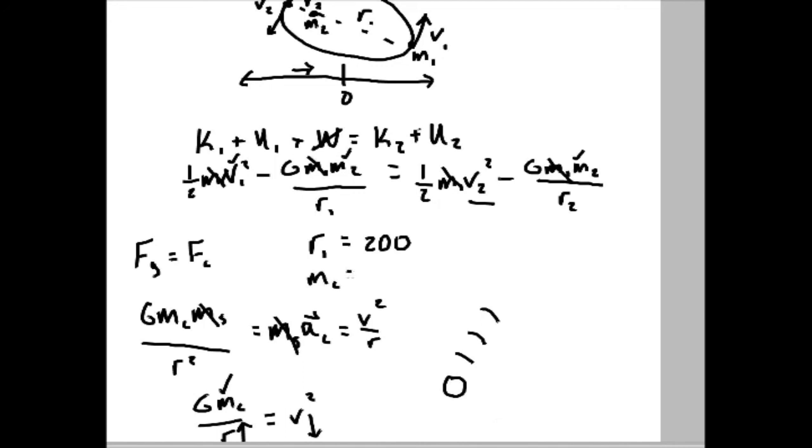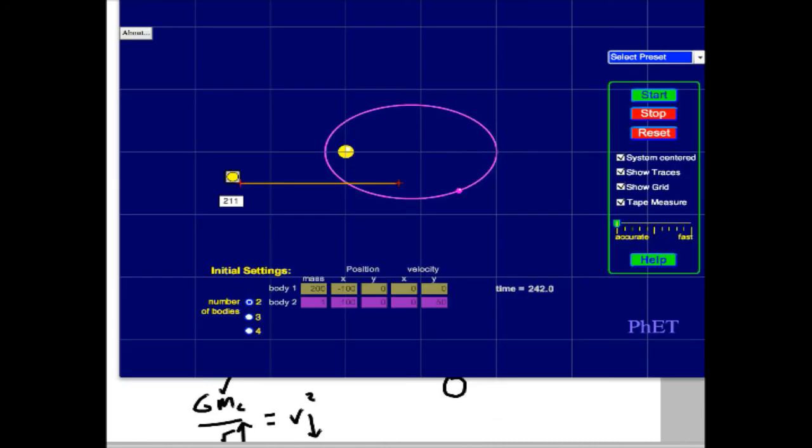How handy is that? And remember, in our solar system simulator, g is actually 10,000, not 6.67 times 10 to the negative 11th. So r1 is 200, m c is 200, g is 10,000, and my initial velocity, or v1, was 50.